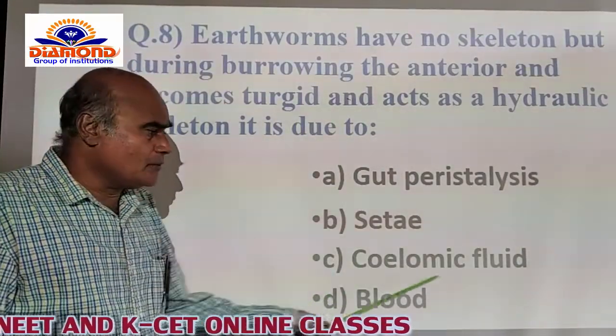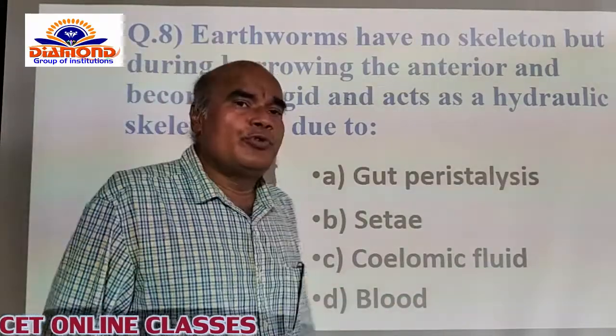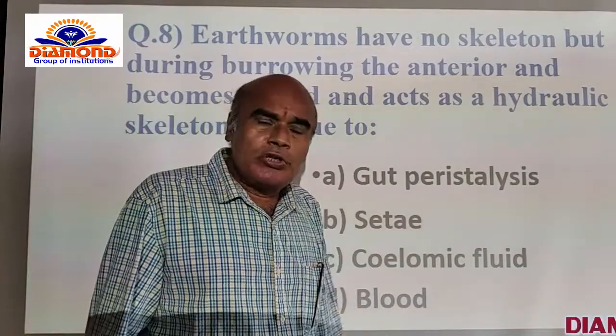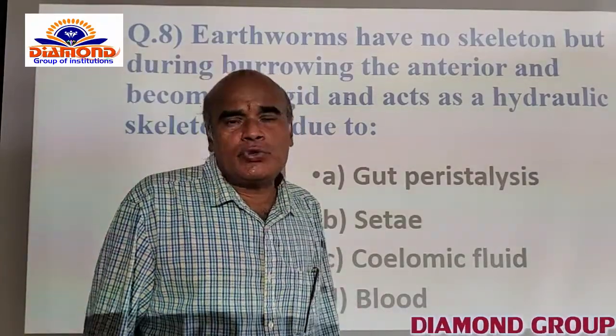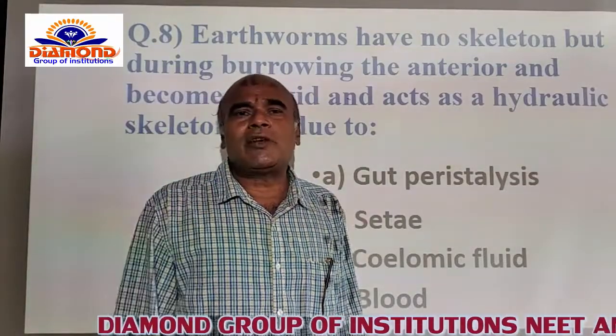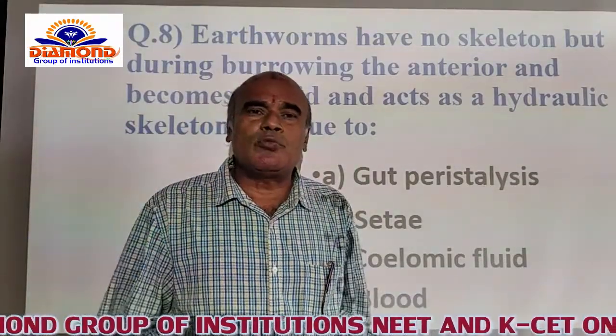And option C is the coelomic fluid. The coelomic fluid is the correct option because a true coelom is present, and the true coelom of the earthworm is simply filled with a sticky liquid-like substance called the coelomic fluid.